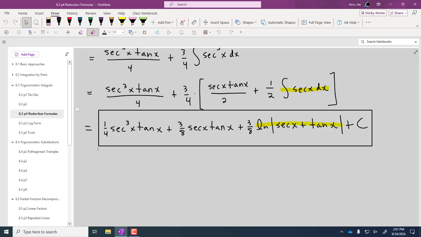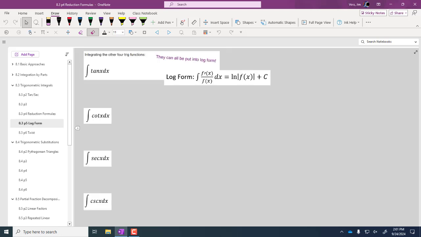Log form. Go figure. And it's very obvious for things like tangent and cotangent. We can write this as sine over cosine. It's not in log form yet. What's the derivative of cosine? Negative sine.